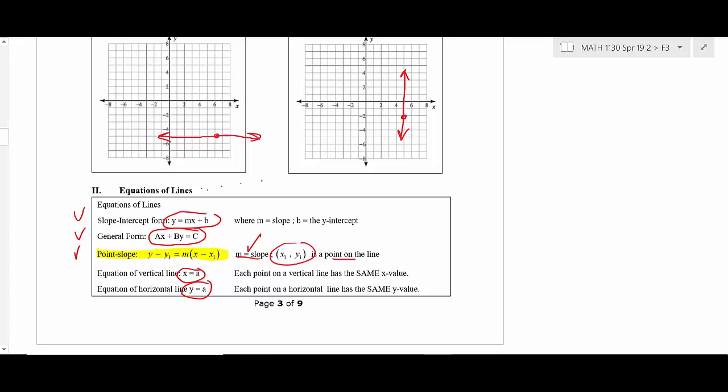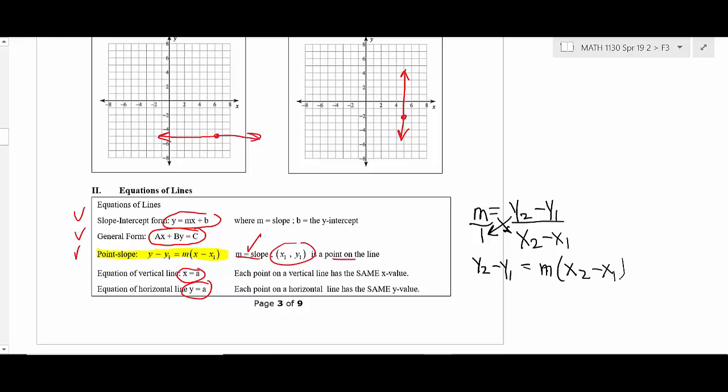One thing I do want to mention about this, and you don't need to write this down, but it's worth showing a student, is that we just got through using the slope formula. So if I cross multiplied this, let me show you what would happen. If I put the m over 1, I would end up with y2 minus y1 equals m times x2 minus x1.